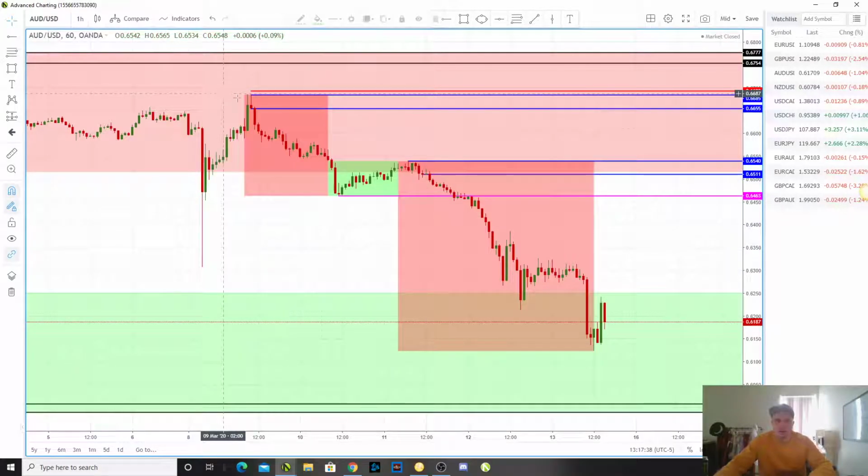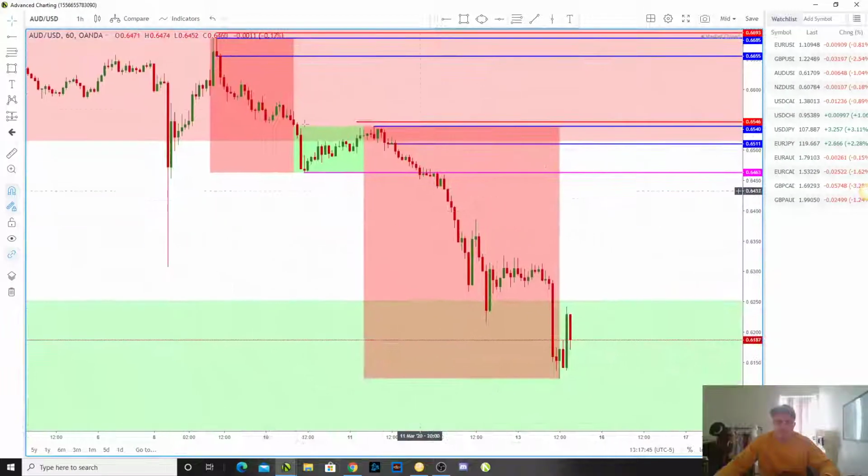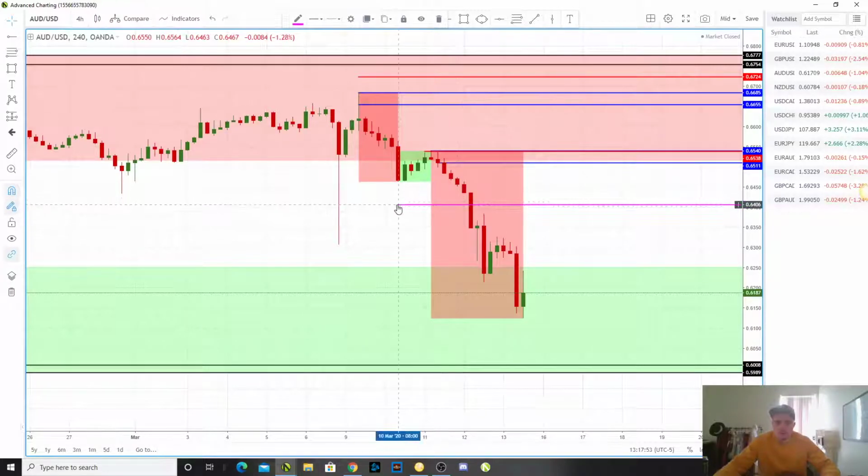But for my own sanity, I'm going to use that because it does get your impulse, correction, impulse, under 240 is what it looks like. So that's what I'm going to use.